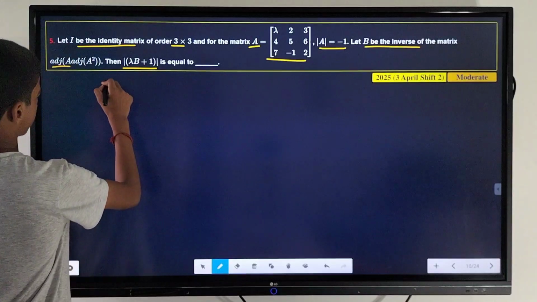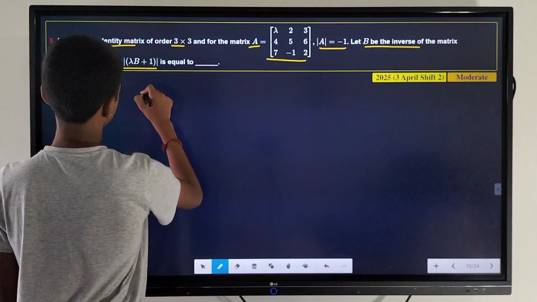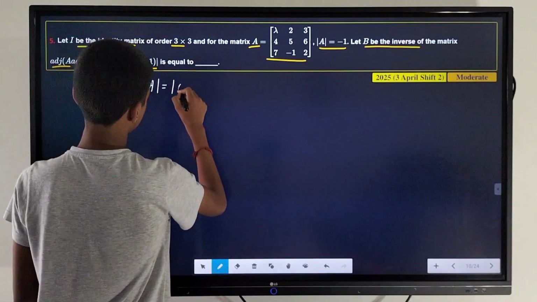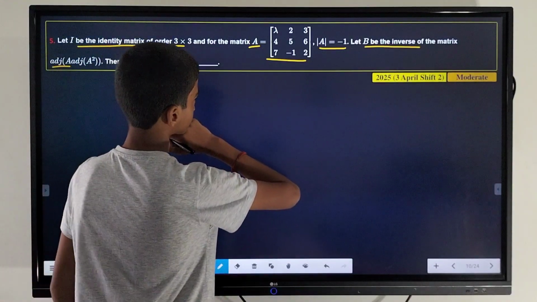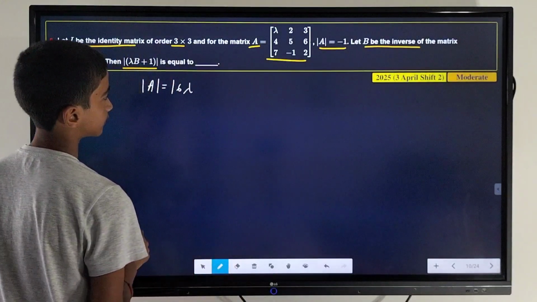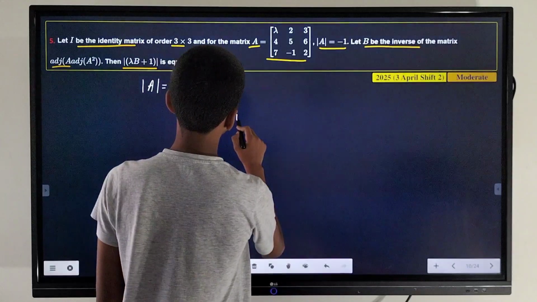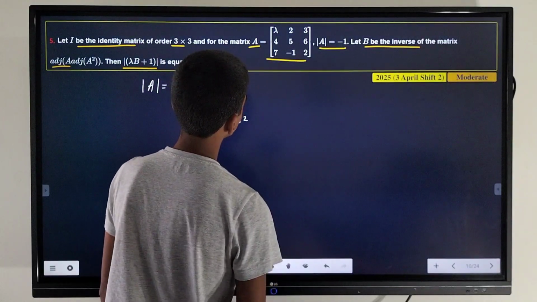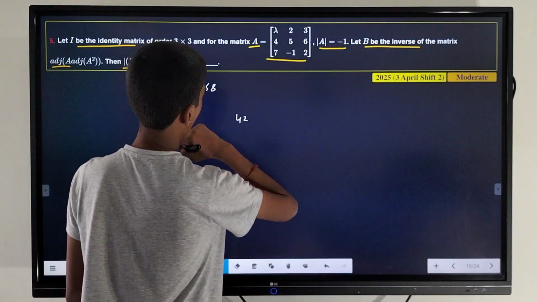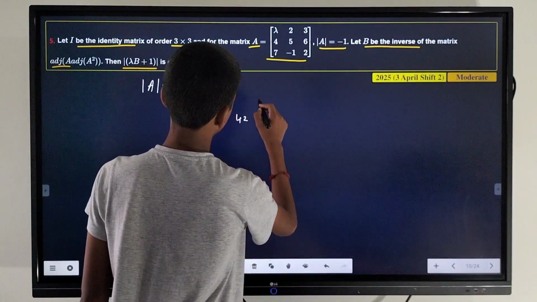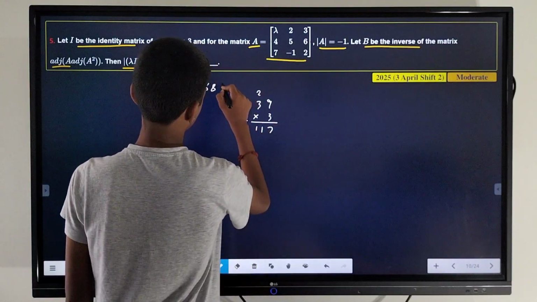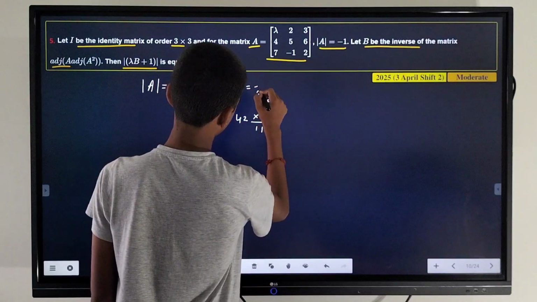So our determinant of A is equal to 16 lambda and 34 into 2, minus 68, and 39 into 3, plus 117 is equal to -1.